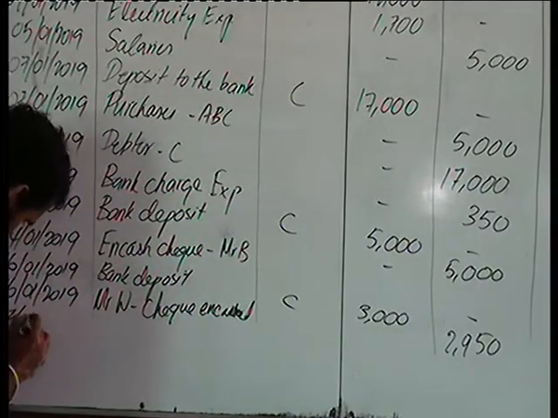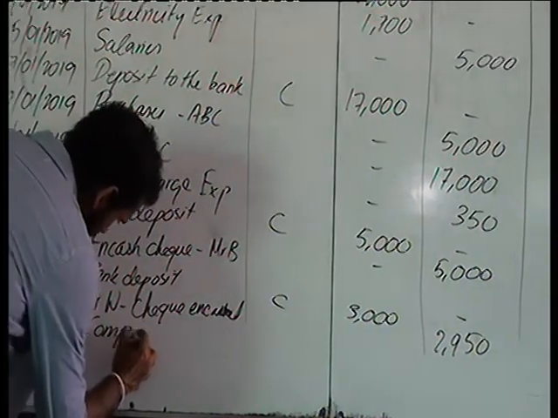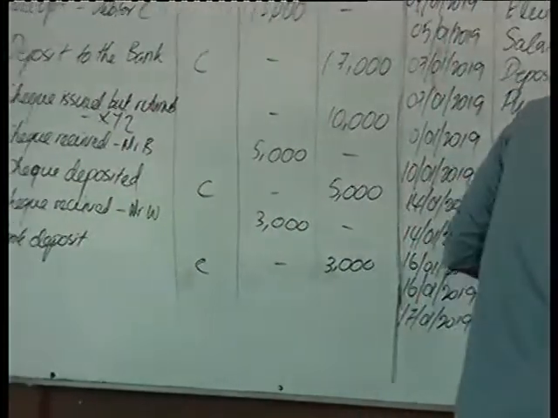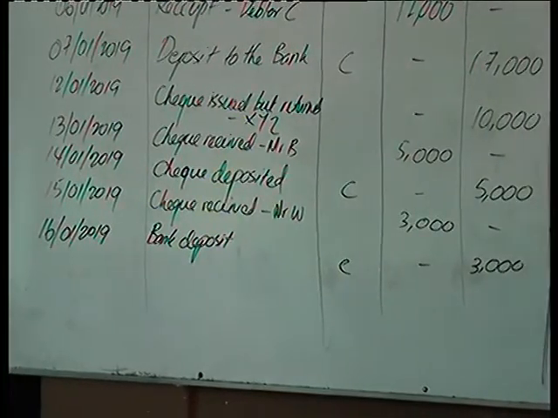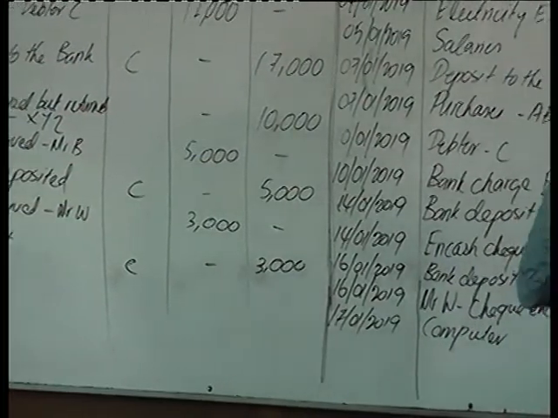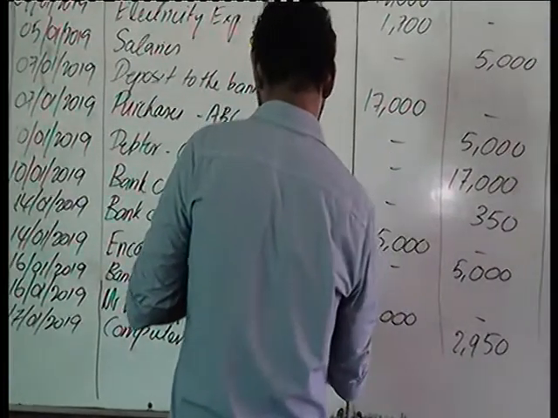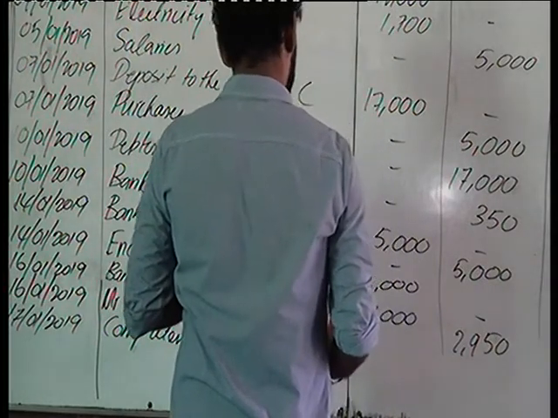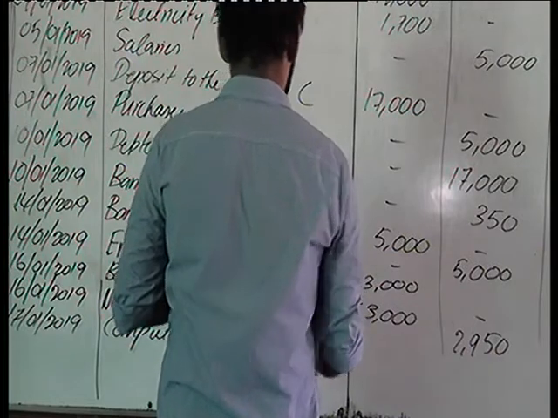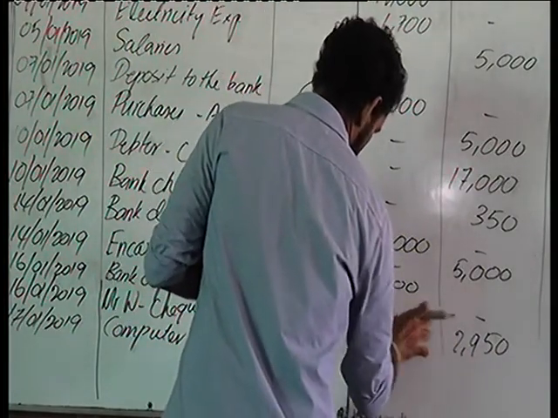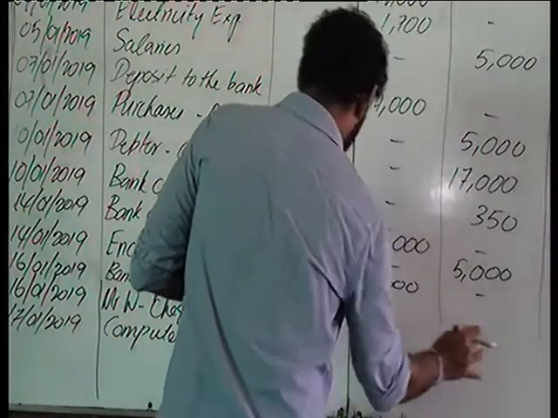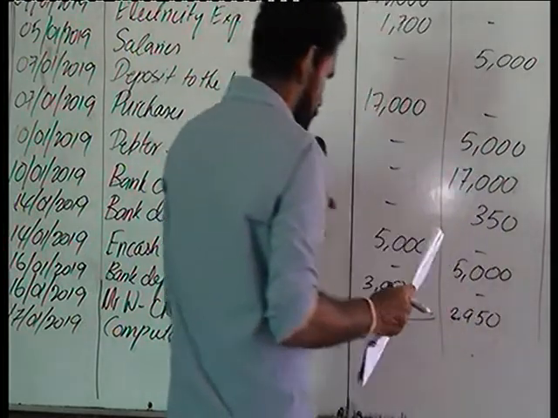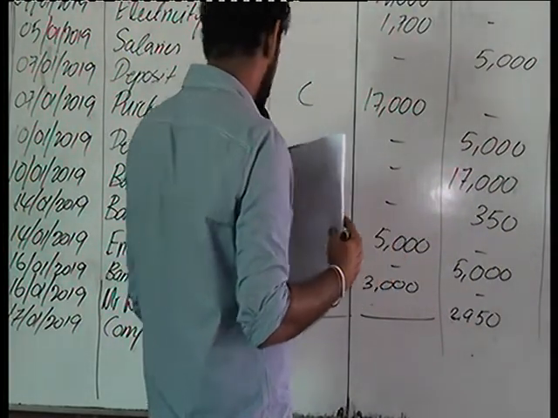So on 17th January 2019, a computer has been purchased by paying 30,000.